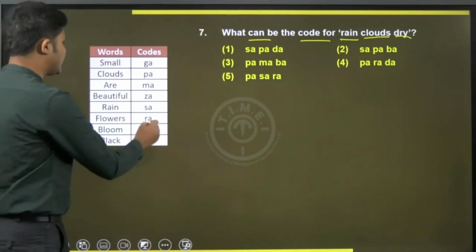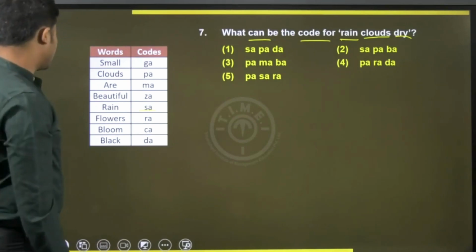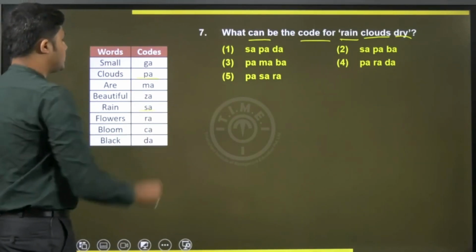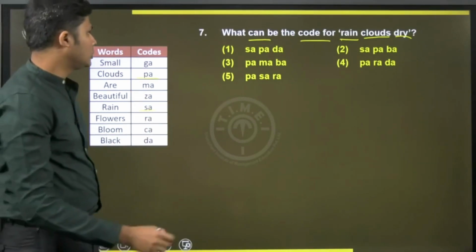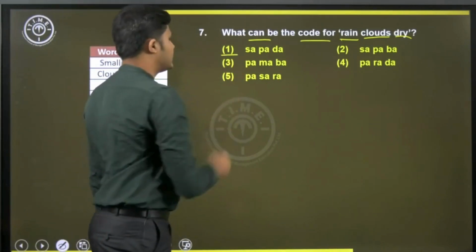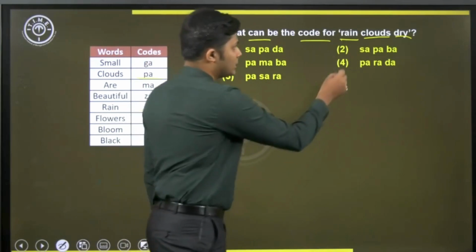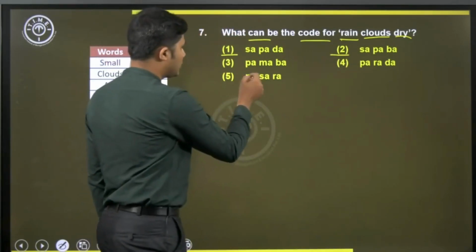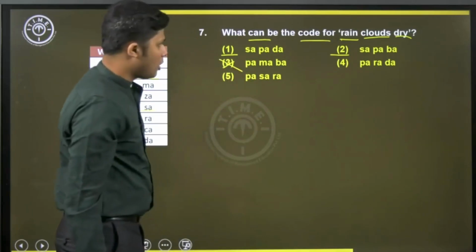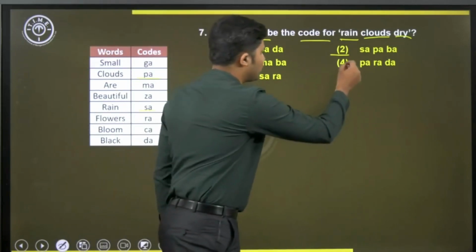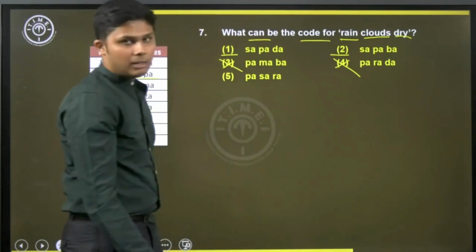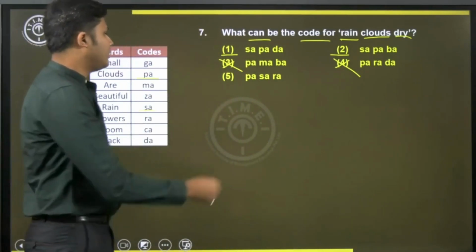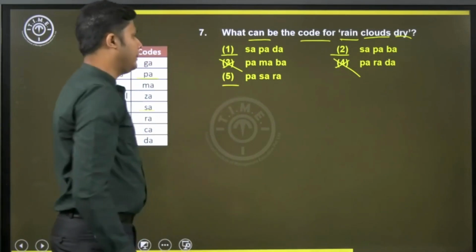We know rain is coded as SA and clouds is coded as PA. So the option must contain SA and PA. So the first option has SA and PA. The second option has SA and PA. The third option does not have SA, so you can eliminate this option. Similarly, the fourth option does not have SA. You can eliminate the fourth option as well. And fifth option has both SA and PA.